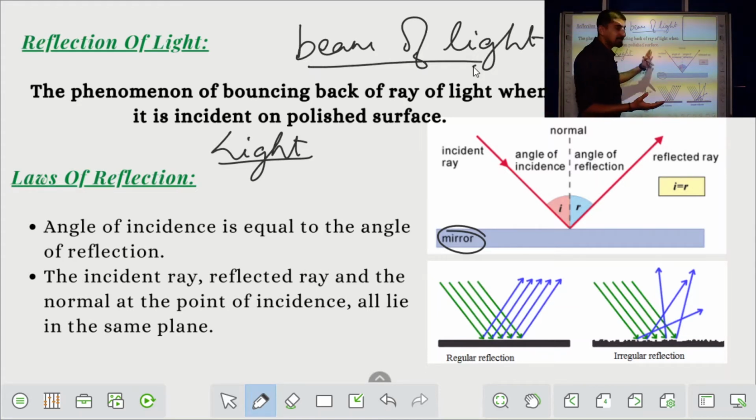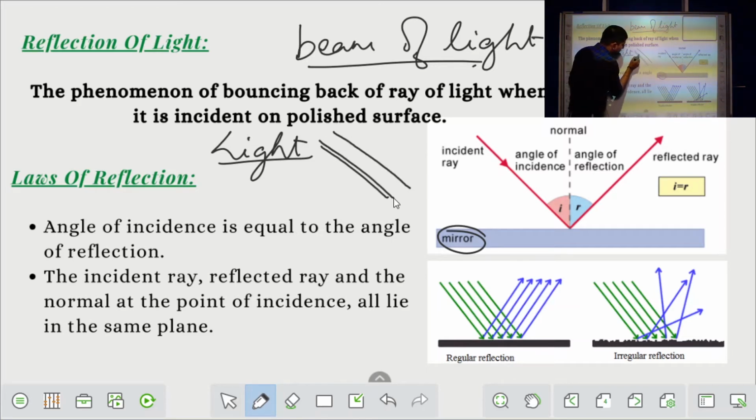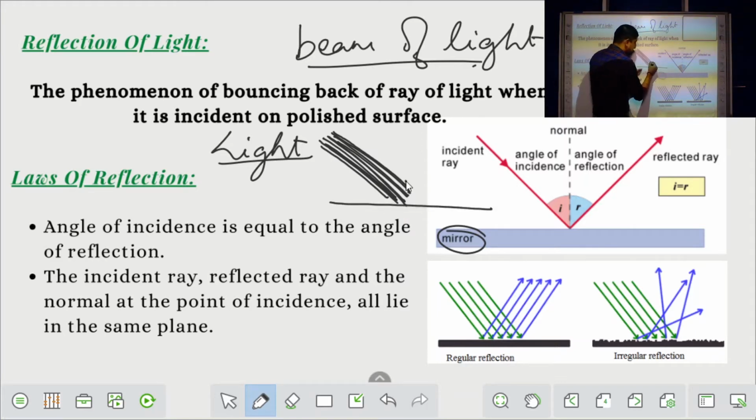We know the light travels in a straight line. So that light will have numerous rays, millions and billions. In a small beam of light, for example this thick, there will be plenty of light rays passing, and when it falls on the surface, it gets reflected. All the light rays will get reflected, something like this.